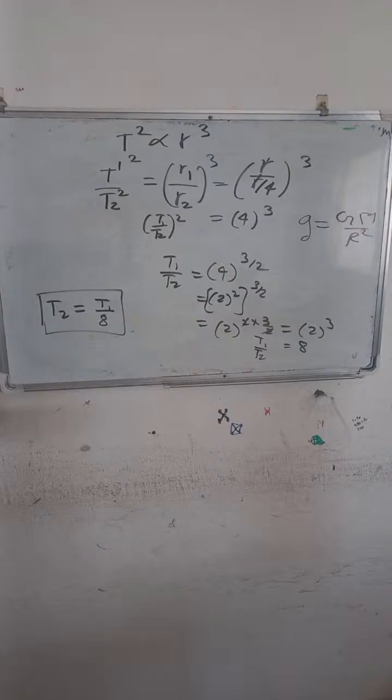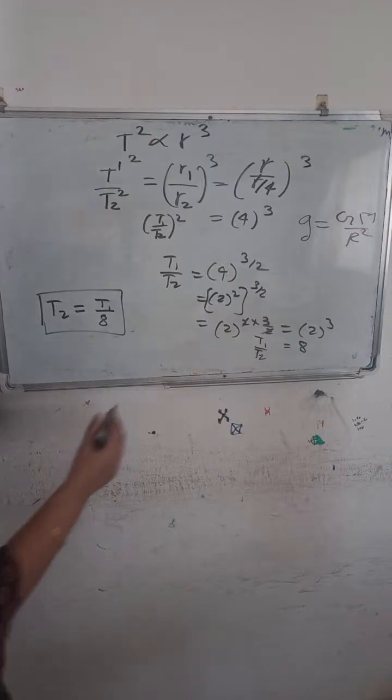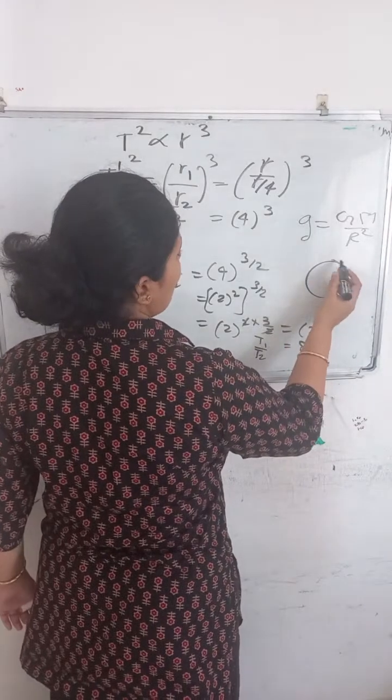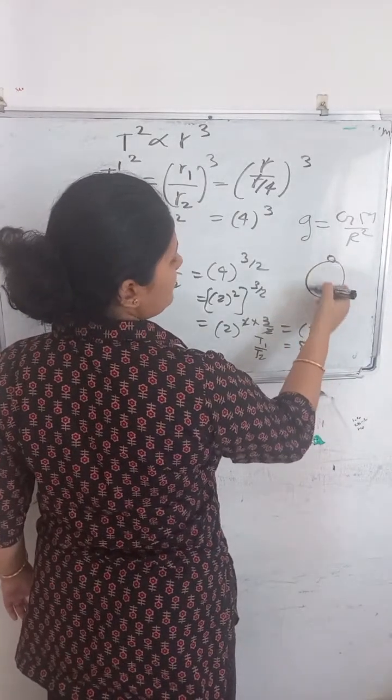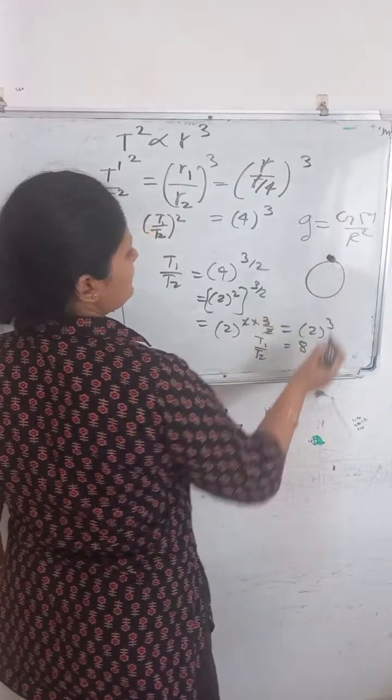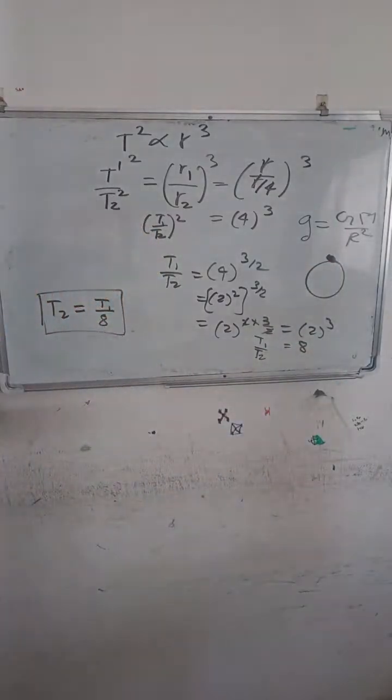That means the body is somewhere on the surface of the earth. Suppose this is the surface of the earth, and here one small mass m is kept. The r is the separation between the masses, and though the volume is reduced, keeping the mass and the separation between these two bodies the same, that will not change.